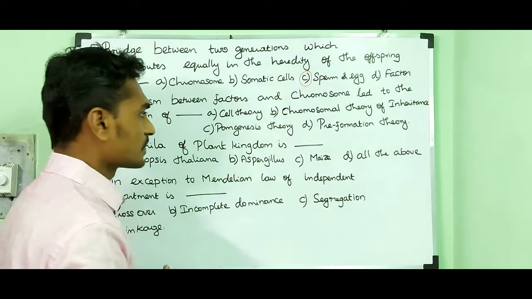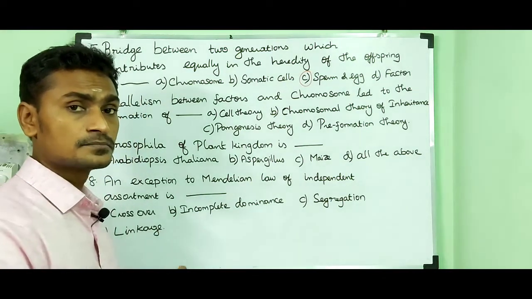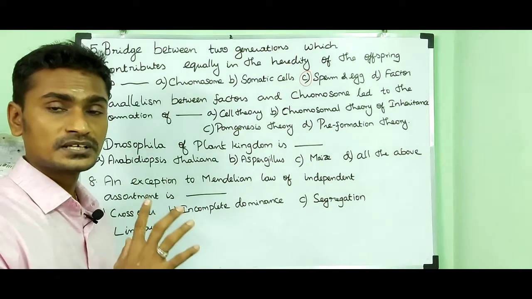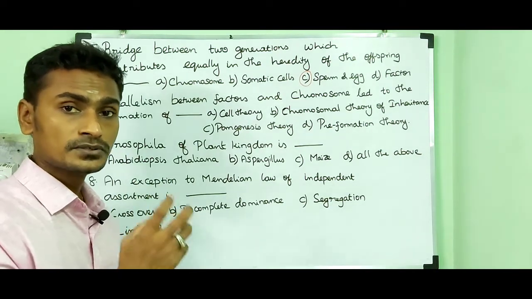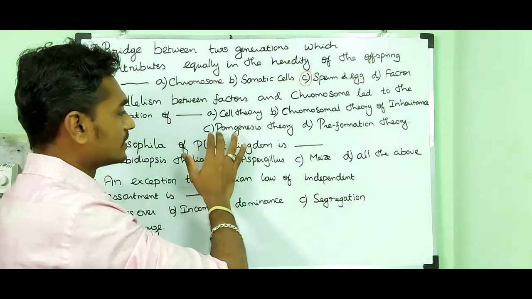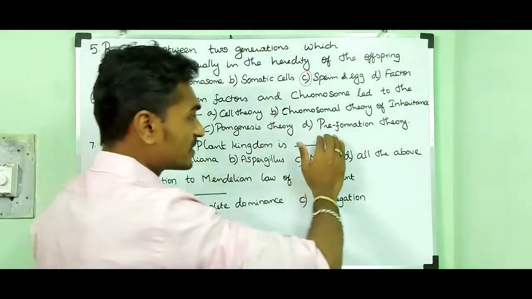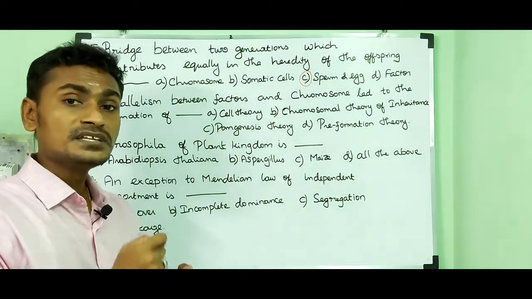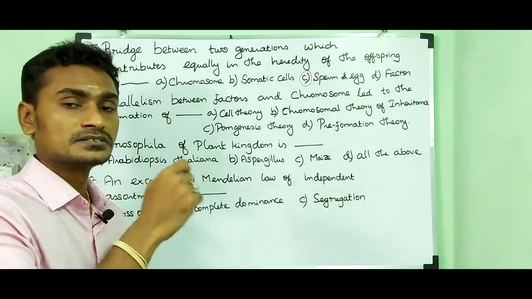Pangenesis theory means, according to this theory, an organism produces minute particles called gemmules, and these gemmules develop into gonads. So option C is also wrong. Preformation theory means an organism develops from a miniature version of itself.